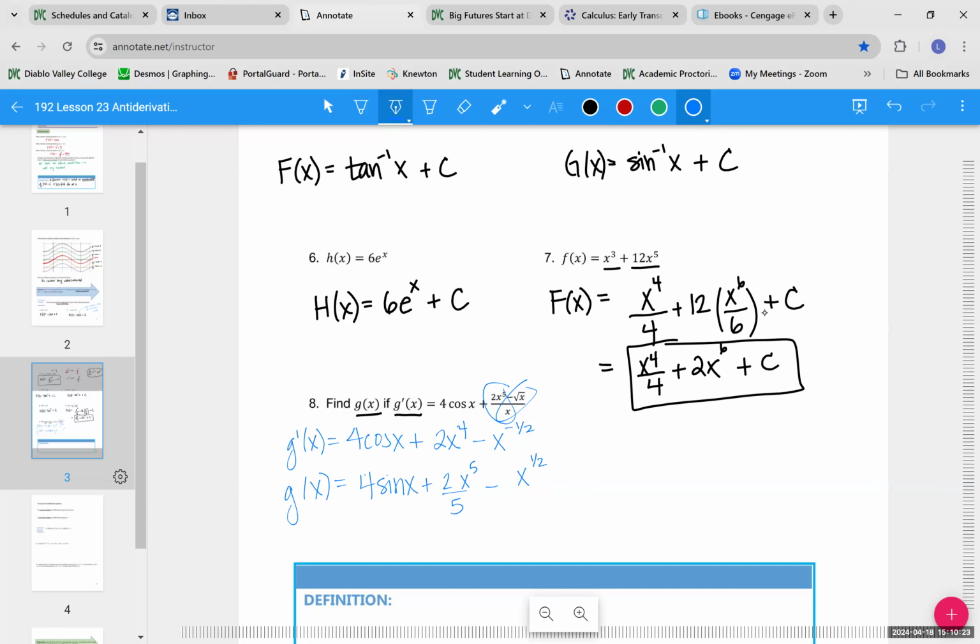Dividing by 1/2 is the same thing as multiplying by 2. Okay. A lot you can do with that. I mean, you could write the x to the 1/2 as a square root of x. I'm not sure that does you a whole lot of good, but it's certainly an option.